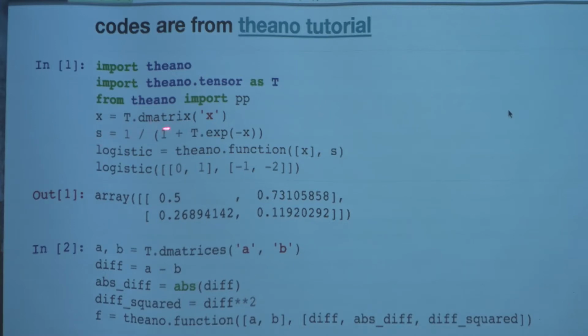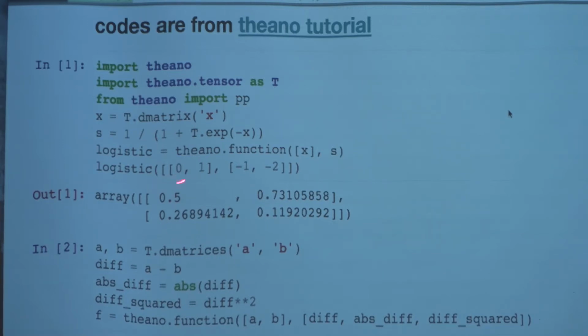So this way, you can define a formula of X, and then you can use the function theano.function to evaluate the value of the formula. So basically, this sentence just makes the variable logistic a function.